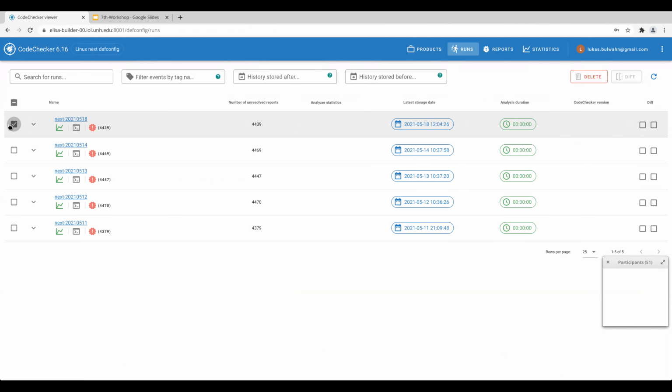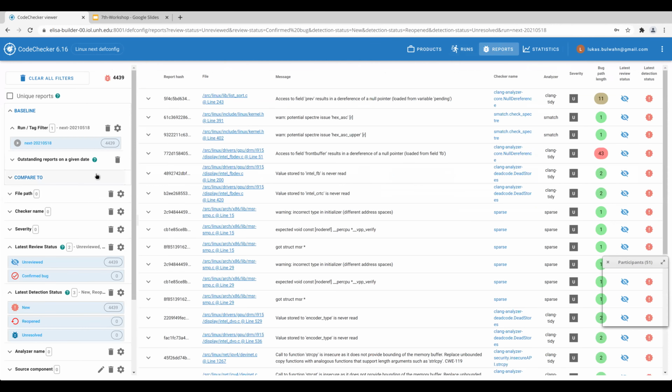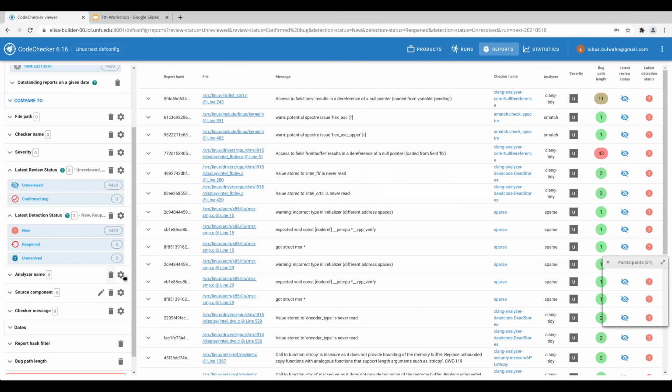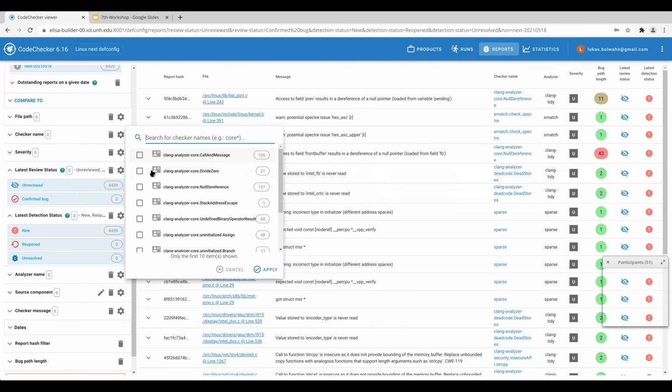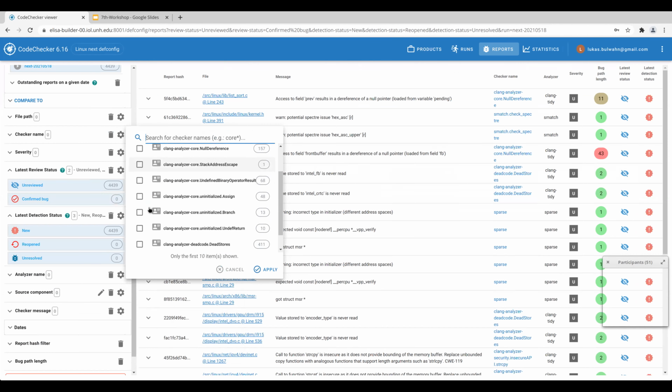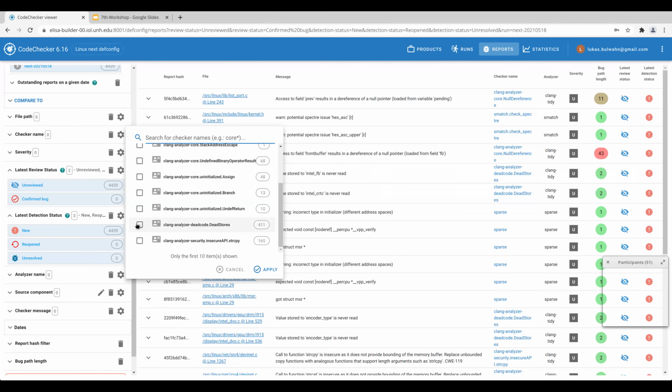One thing that is probably of interest for newcomers is that we can look at the dead stores.